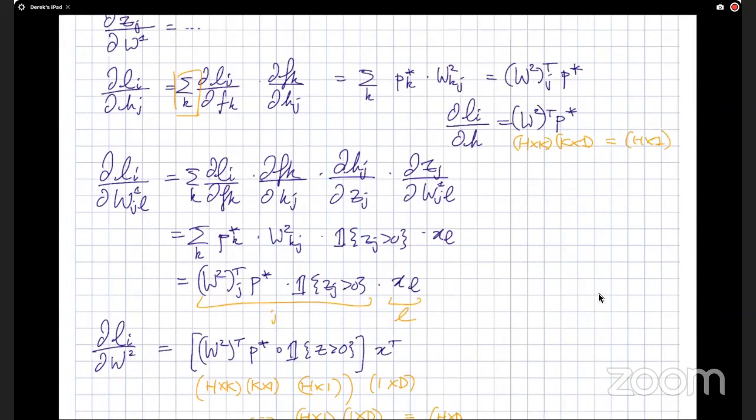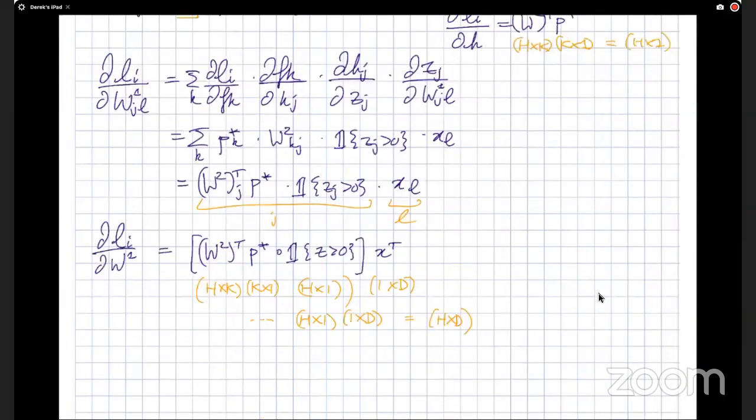And H by D should be the dimensions of W1. Very nice. Okay, sorry, that was a lot of calculations. No one has interrupted me, so I assume everything is good.